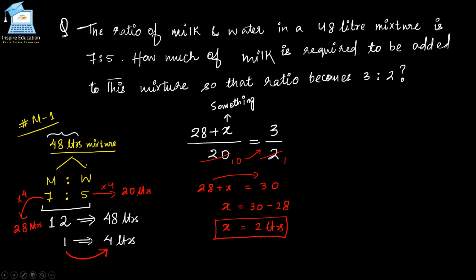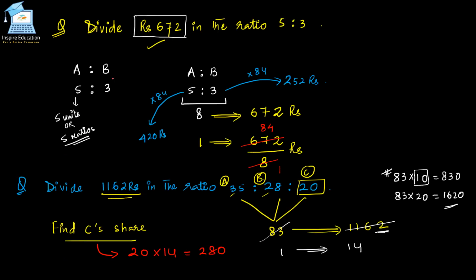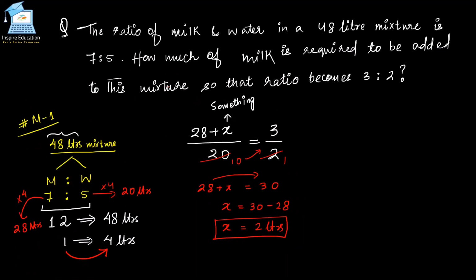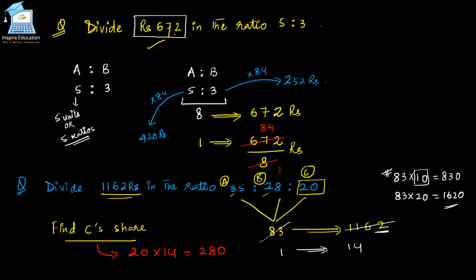For this particular thing only, I have given these two questions. These two questions were the basis behind this question, how we are dividing a particular value into particular ratios.